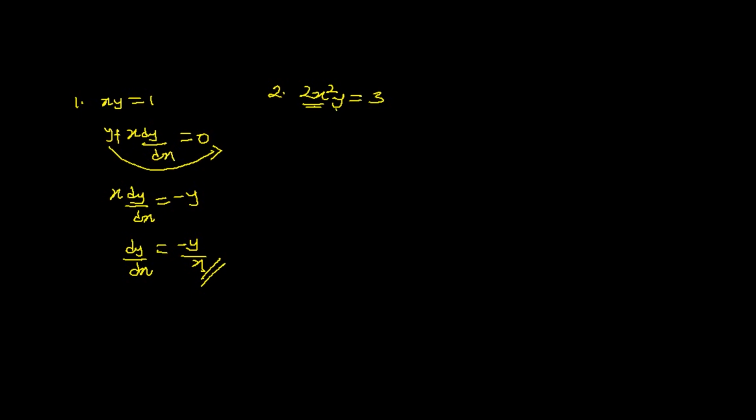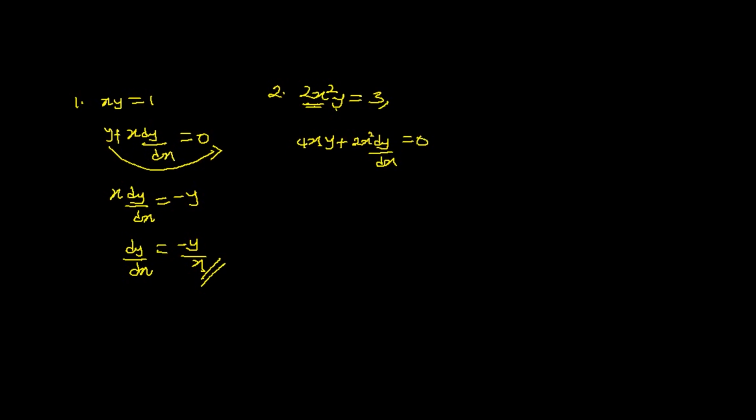Differentiating 2x squared, we are going to have 4x, and we have y here. Then plus, you now keep this; differentiating y, we are going to have 2x squared dy/dx, which is going to be equal to 3, because if we differentiate 3 here, we are going to have 0.